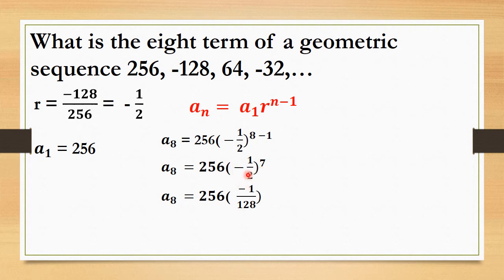Then, multiply 2 seven times, and that is 128. So, our 8th term is the product of 256 and negative 1 over 128. 256 times negative 1, we have negative 256, then divide by 128, we have negative 2. So, ito yung 8th term, yung negative 2.